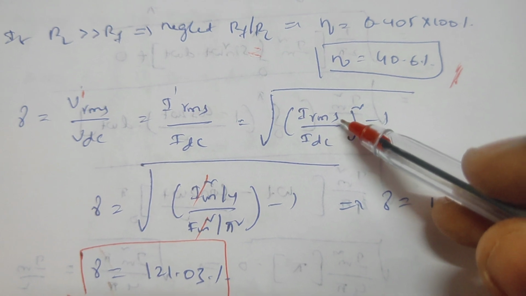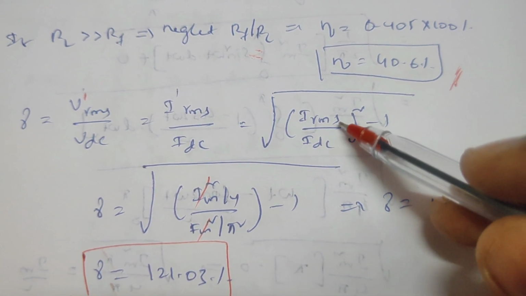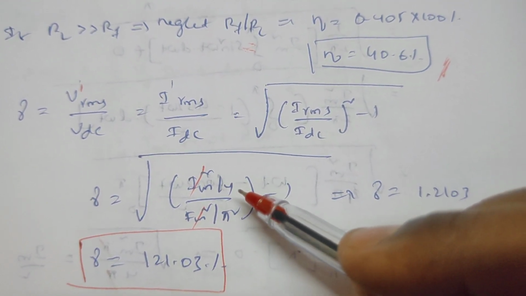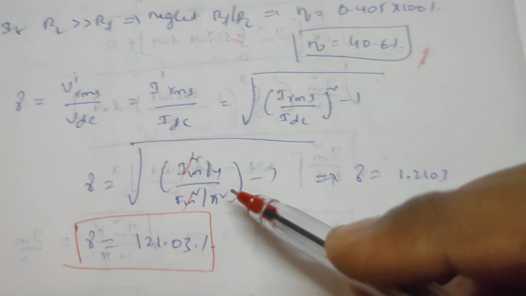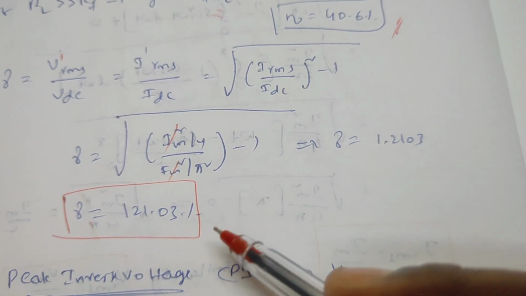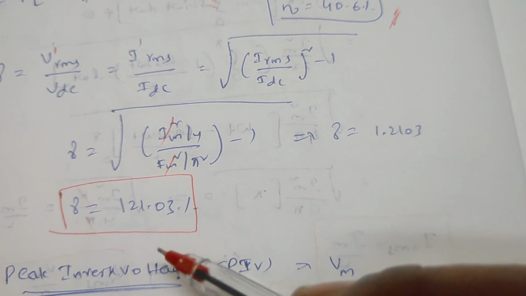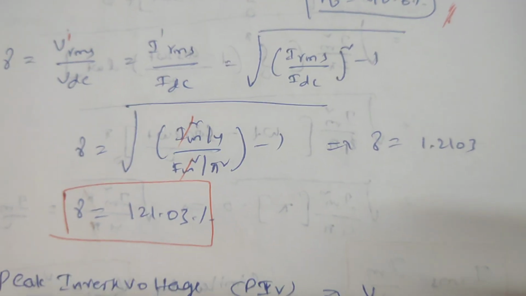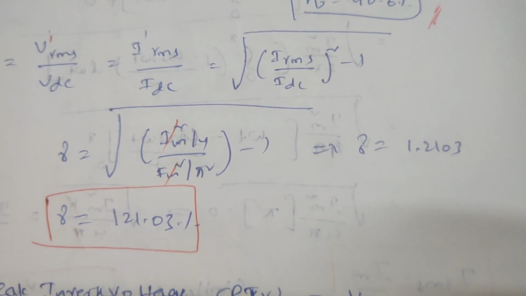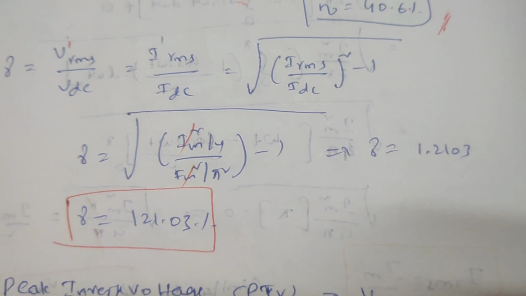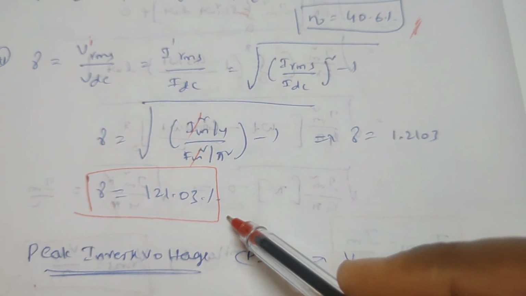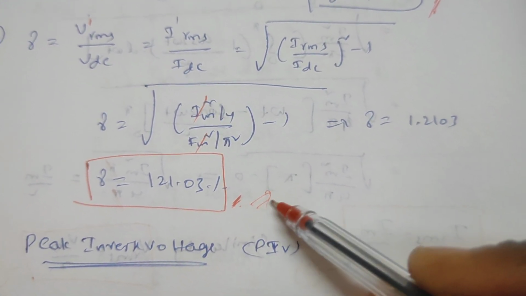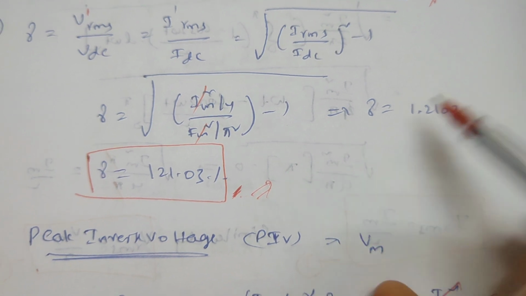From equations 1, 2, 3 and 4 we get these values: IRMS is Im by 2. Upon substituting these values we get gamma equal to 1.2103, which in terms of percentage is 121.03. So in the half-wave rectifier, about 120 percent AC component is present. This much AC component is present in the half-wave rectifier, so we always go for the full-wave rectifier or bridge rectifier.